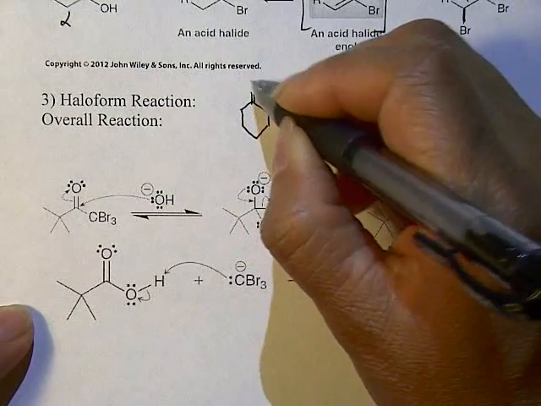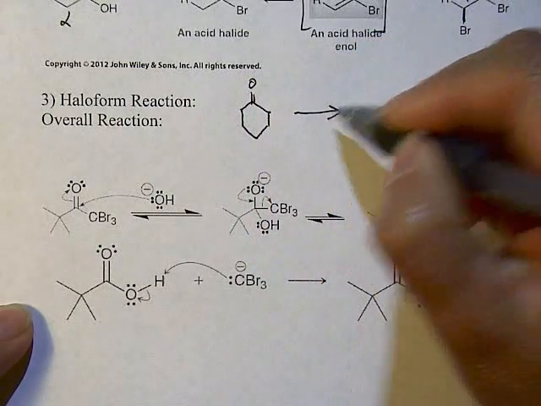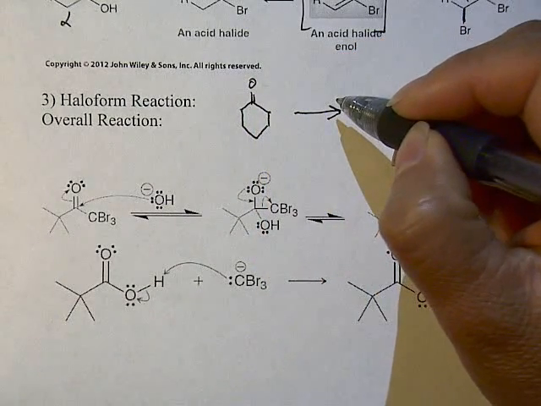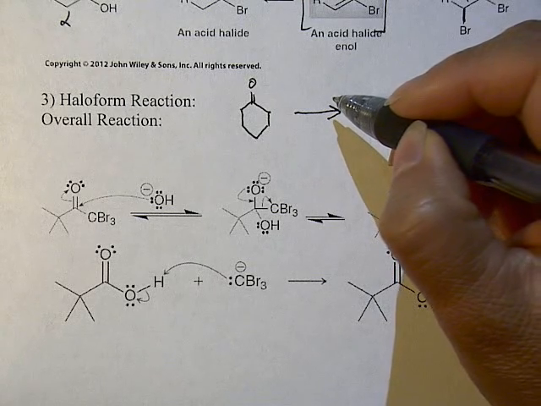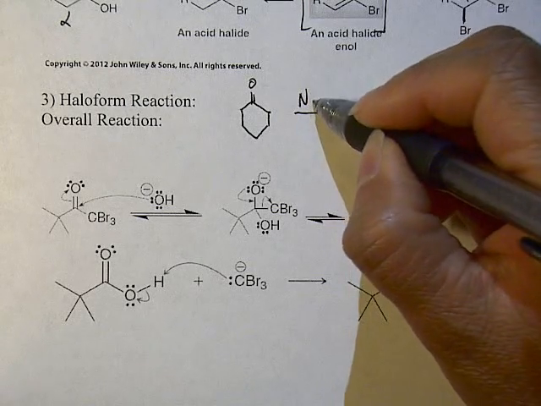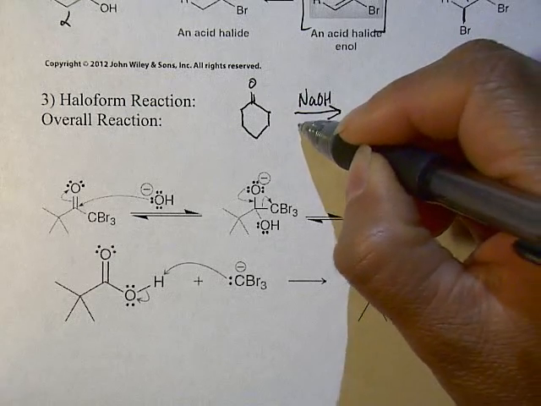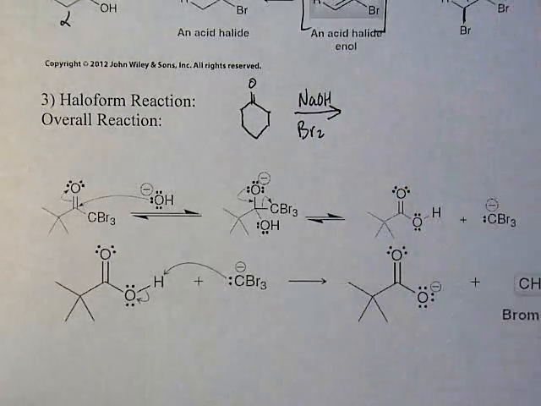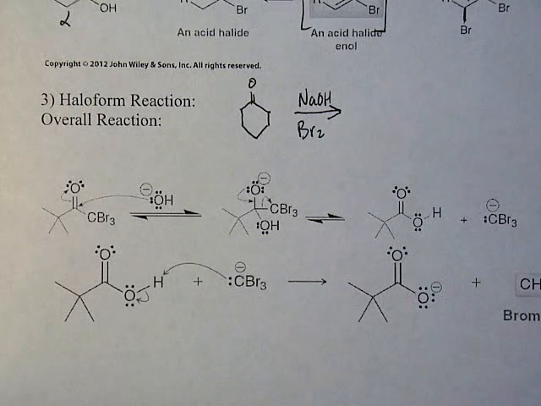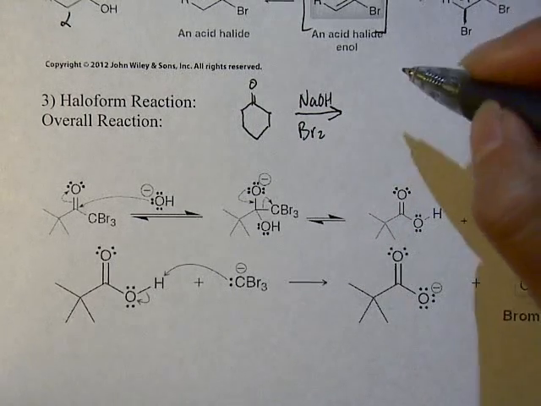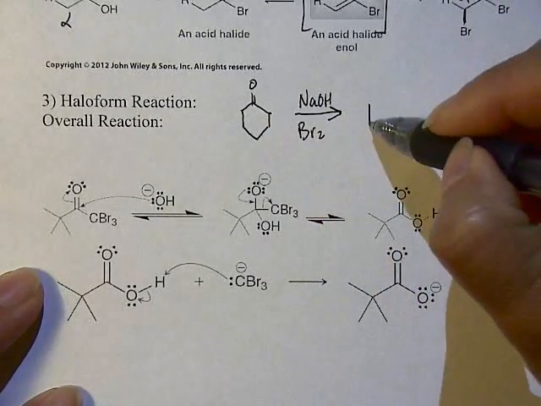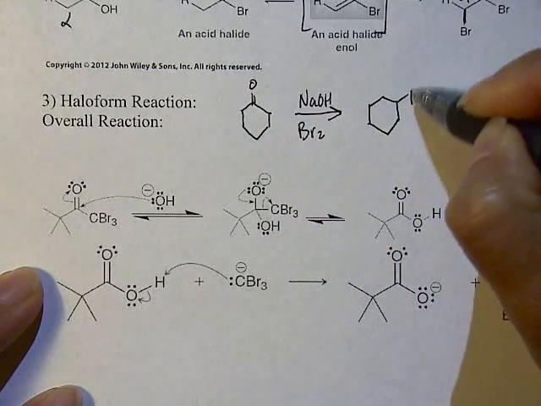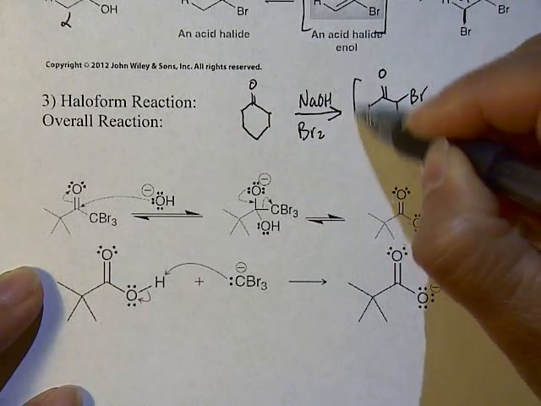So let's say you have cyclohexanone and the haloform reaction is occurring under basic conditions, and let's say you have a bromination occurring. Then you're forming the enolate, which is going to brominate. So let's say you brominate, right?